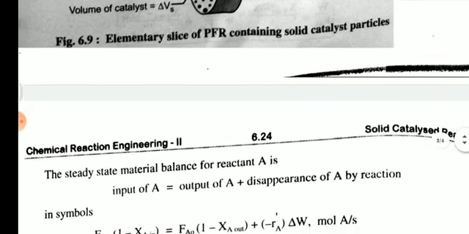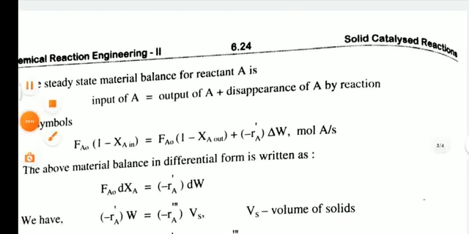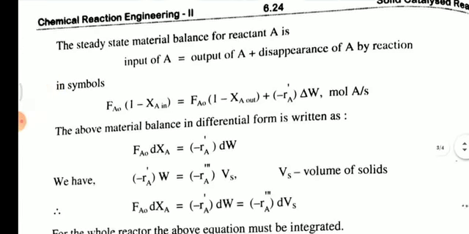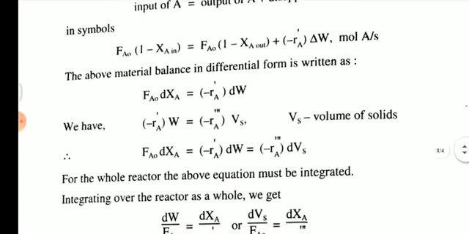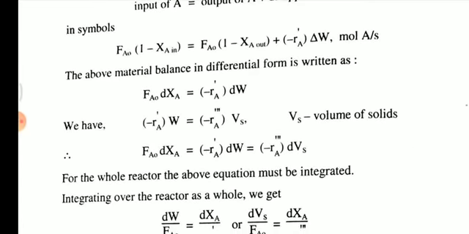So it will be Fa0 into 1 minus Xa in equal to Fa0 into 1 minus Xa out. The above material balance in differential form is written as Fa0 into dXa equal to minus Ra dash into dW.